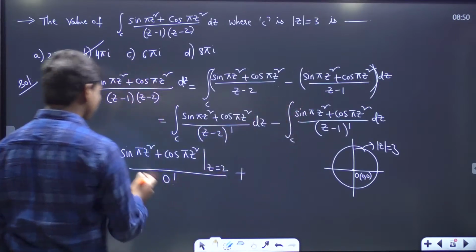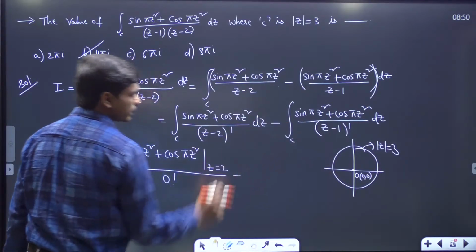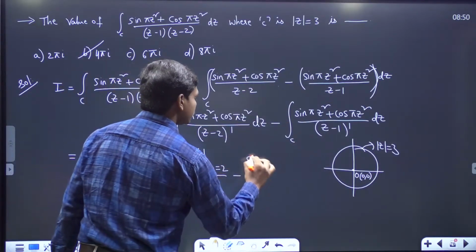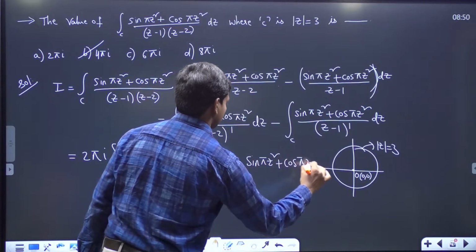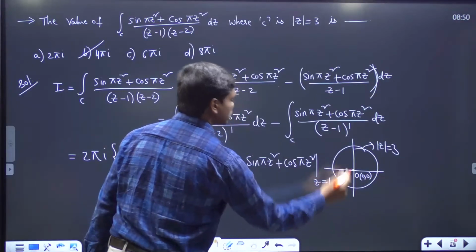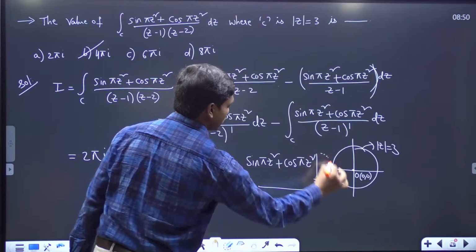Plus, for this function, again 2πi is constant, so minus, because of this minus sign, sin πz² + cos πz² at z equal to 1, because this function is not analytic at z equal to 1, divided by again 0 factorial.